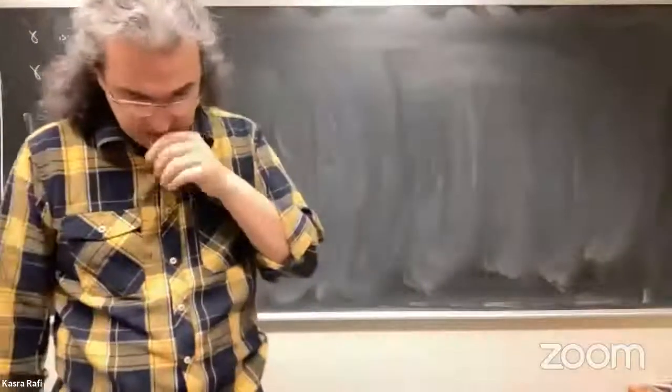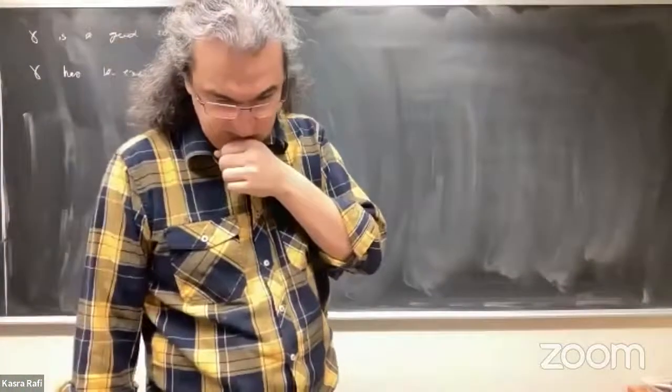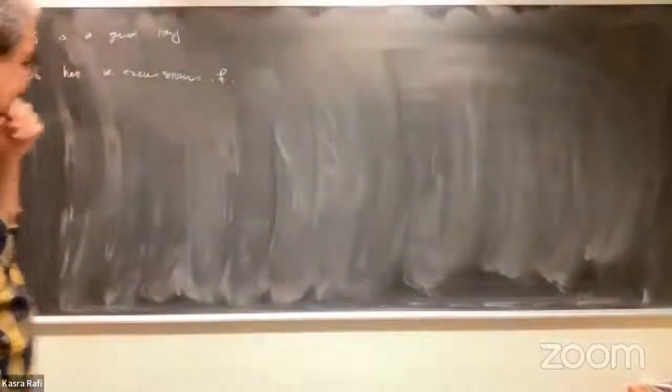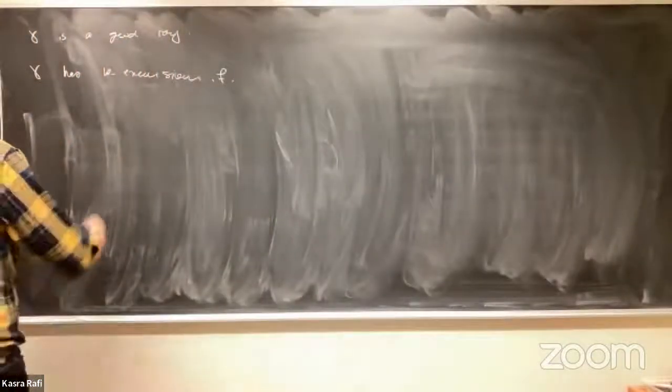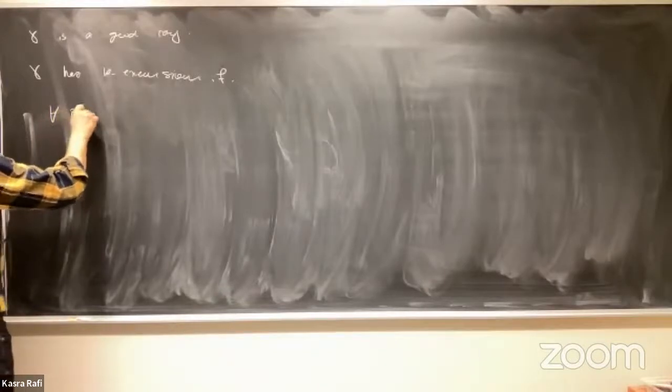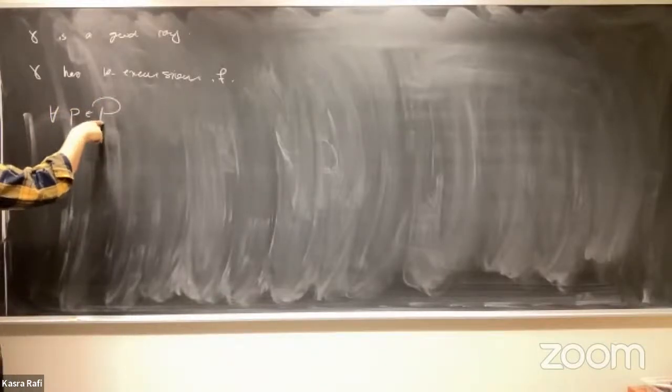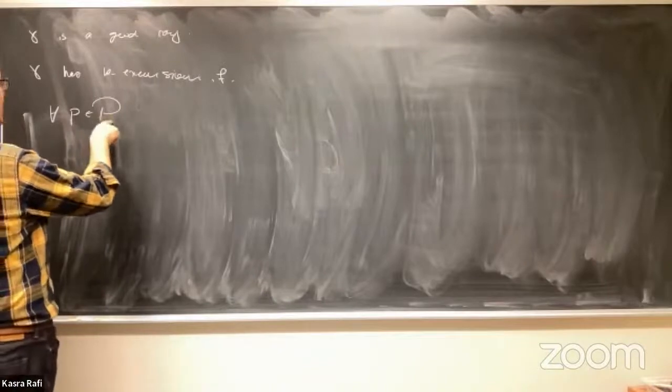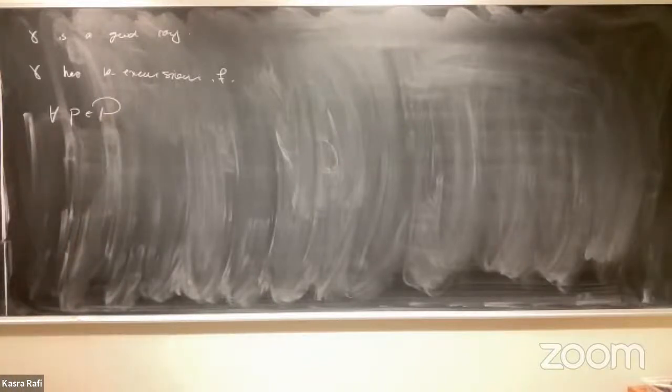Let me do it this way. For every P, I write some fancy P. This is the space of all left cosets of all the peripheral subgroups, right?